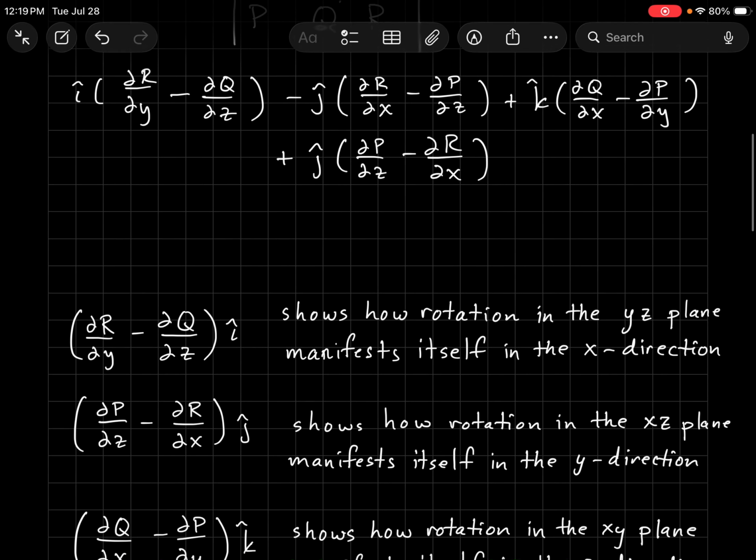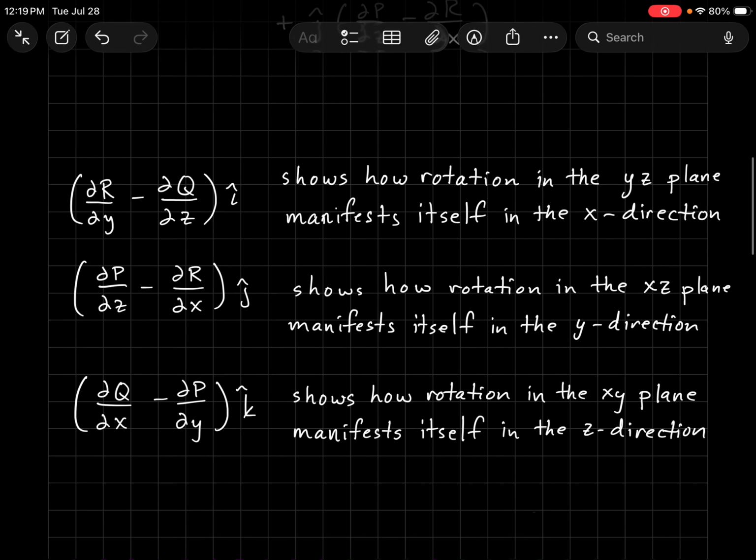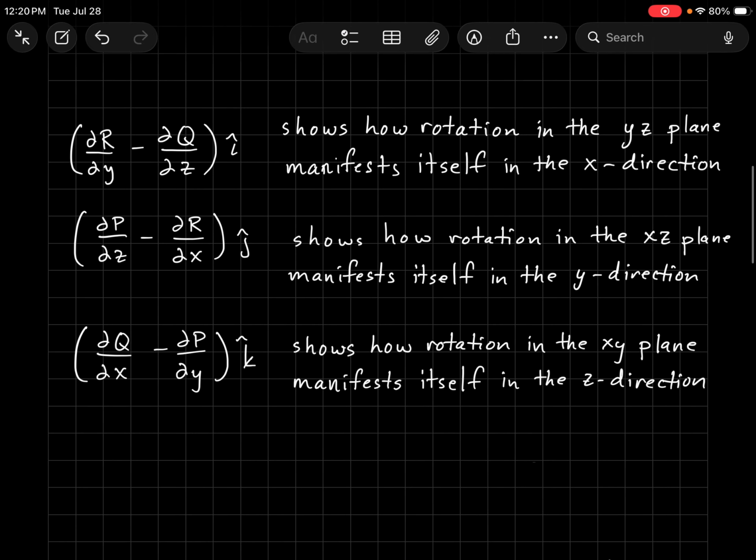So, what's going on? Well, we did talk about this before when we were doing Green's theorem, but I do want to remind you, and I'm going to go down to this third one here, where we said this part here, notice that we have Q, which is related to y, with respect to x, and then P, which is related to x, and then with respect to y.